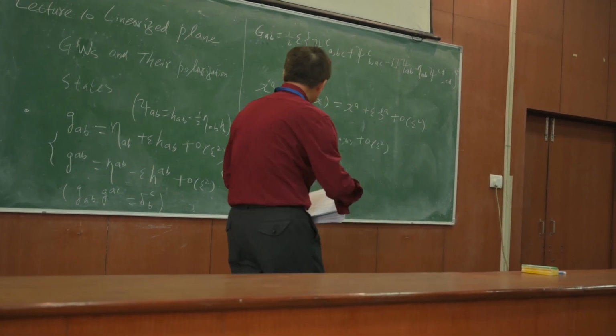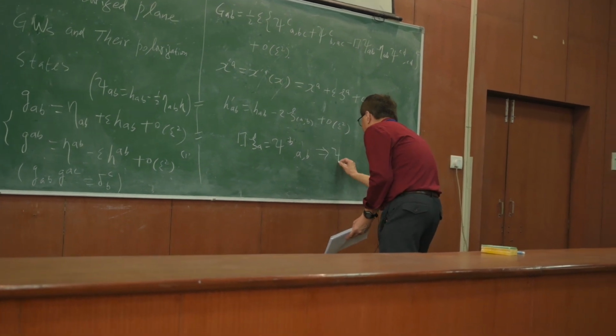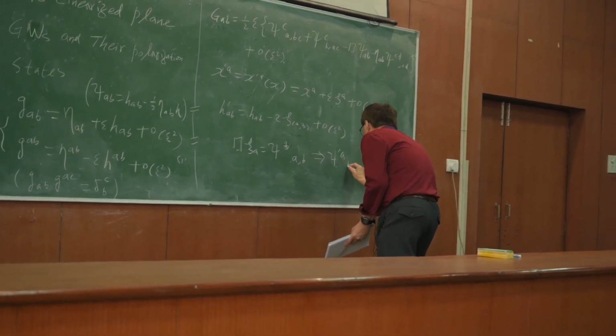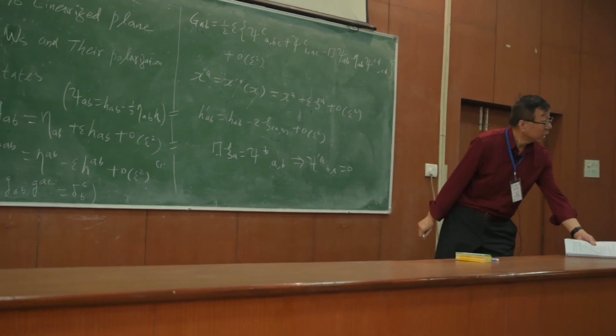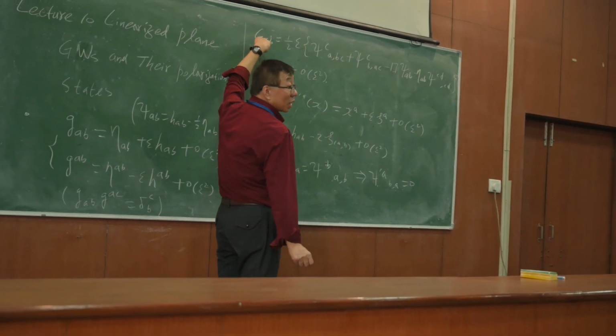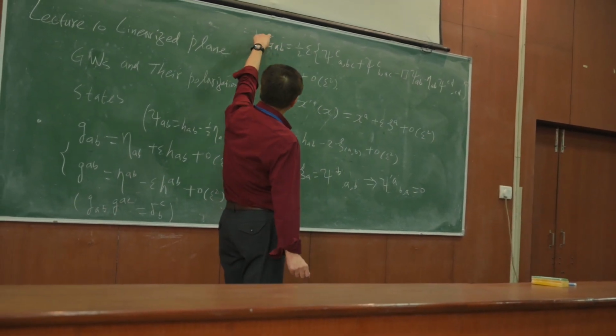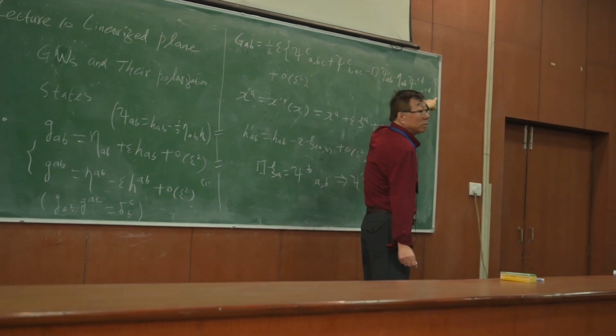Yeah, if I choose this one, now I get h prime ba equals 0. You say, why do I do this? Because I'm working in the primed coordinates.